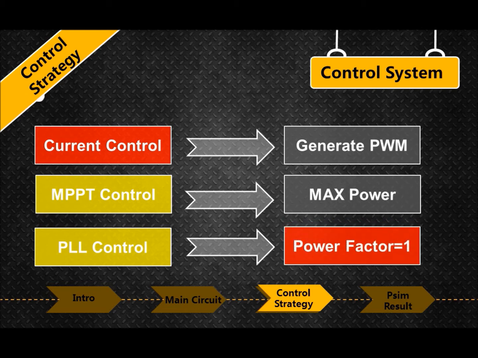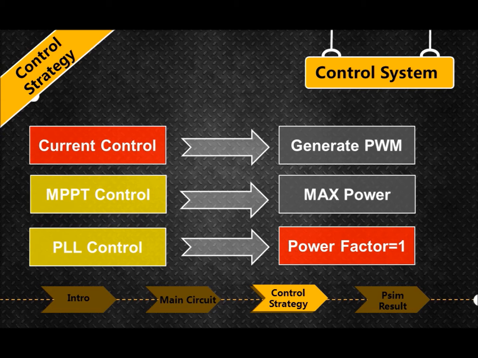The current control is aimed to generate PWMs, and the MPPT control is basically to generate the maximum power, because in different conditions, we have different curves of the input voltage and current of the PV panels. And as for PLL control, we're trying to make the power factor become unity.